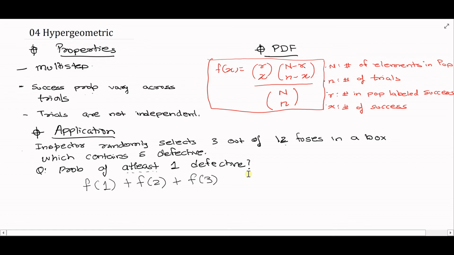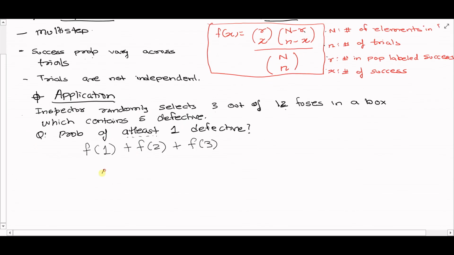One can use the idea of probability to think that at least one defective is nothing but 1 minus the probability that you find none of them to be defective. So 1 minus none is at least 1, right?